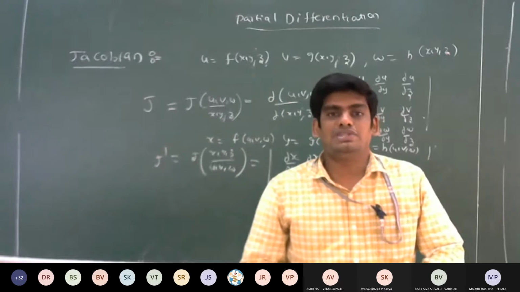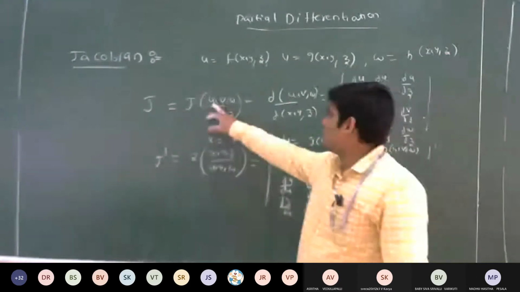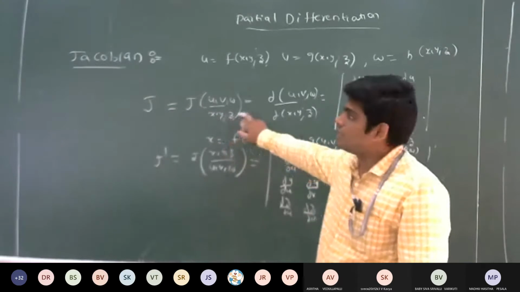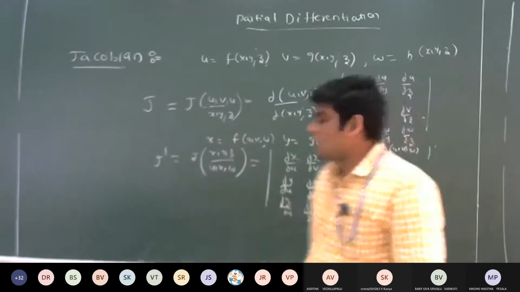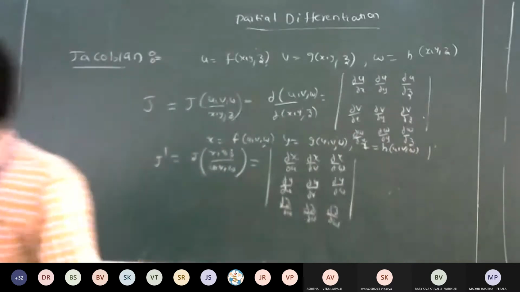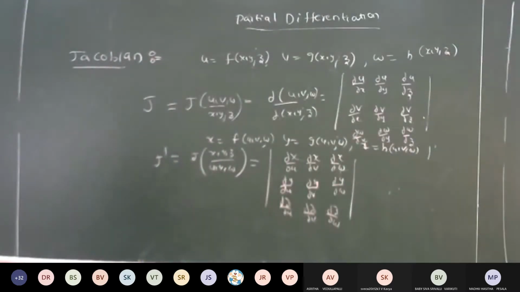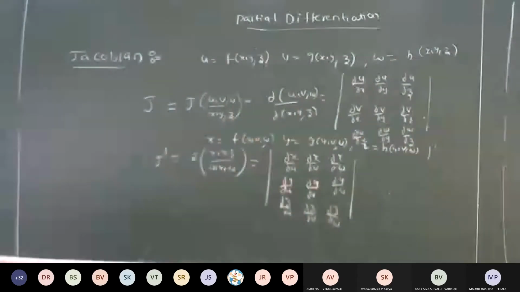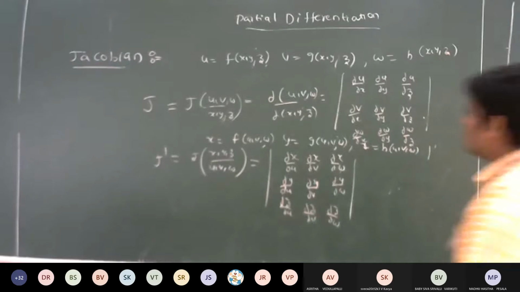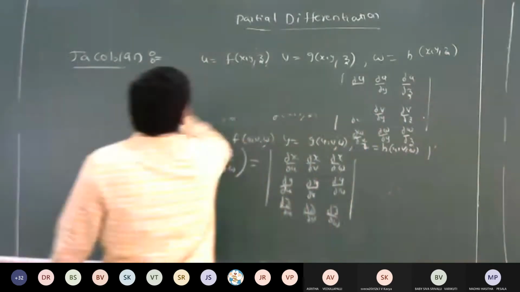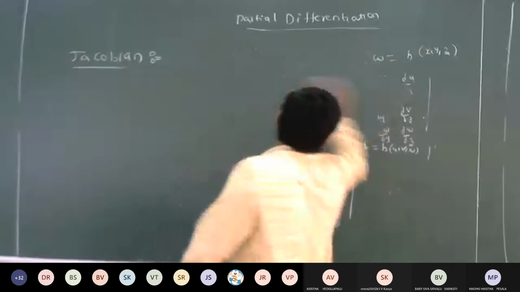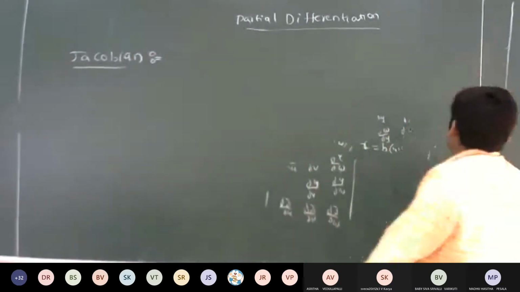J is the Jacobian of u, v, w with respect to the independent variables x, y, z, and J dash is the Jacobian of x, y, z with respect to the independent variables u, v, w. So the property is J into J dash equal to 1, which is an important property of the Jacobian.